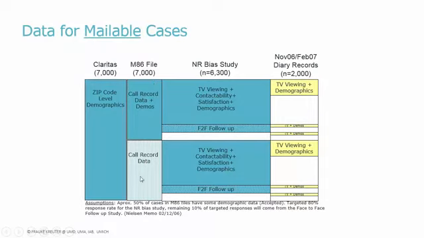In this case, call record data that Nielsen collects when they try to recruit people to be part of the study, or data from commercial vendors that can be linked via a geocode to each of the addresses to then do analyses between respondents and non-respondents. And then, of course, the non-response study itself, which here hopefully gets all the information on respondents and non-respondents through this extended effort.